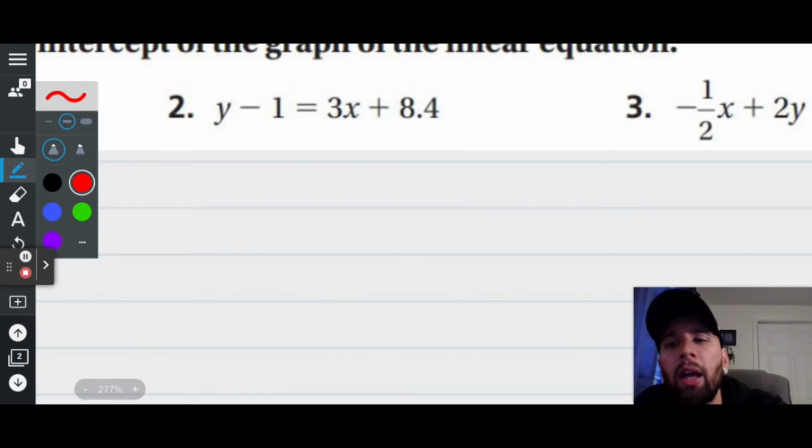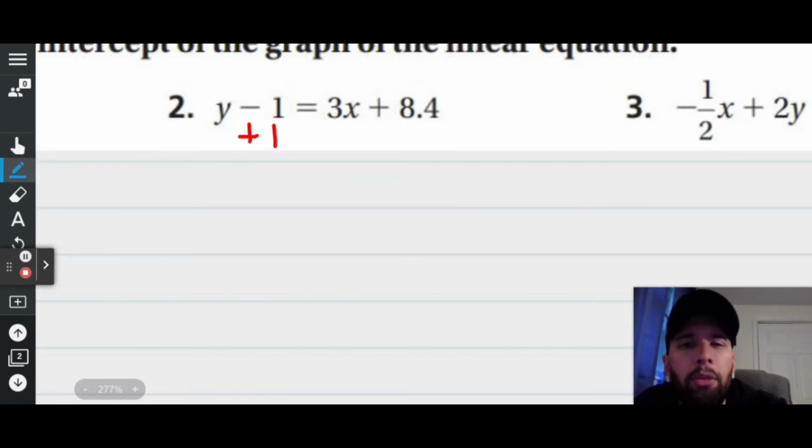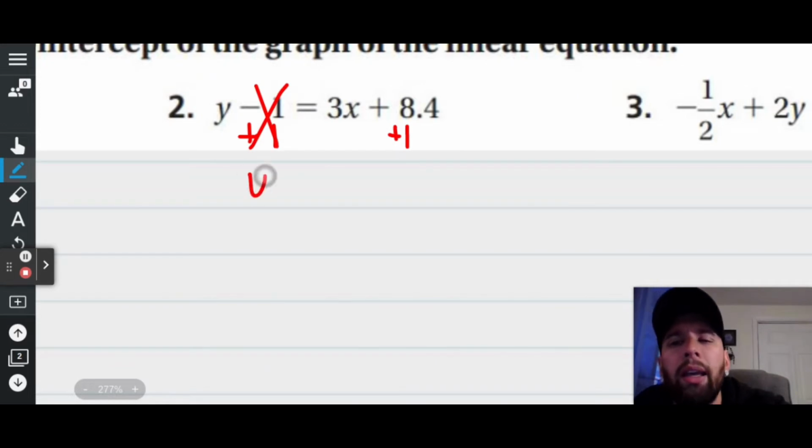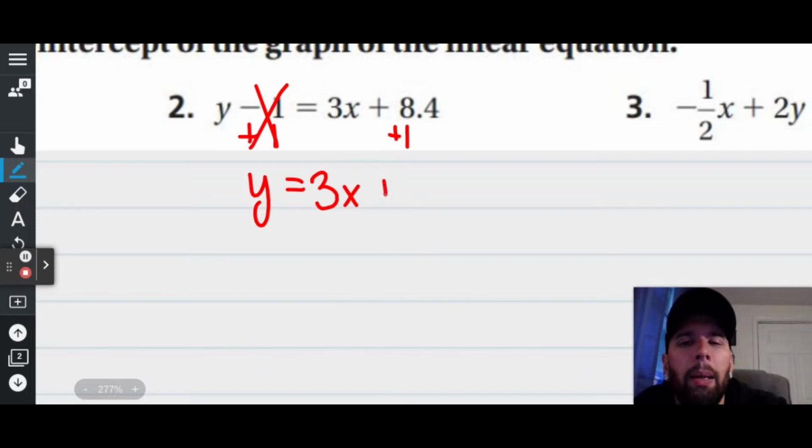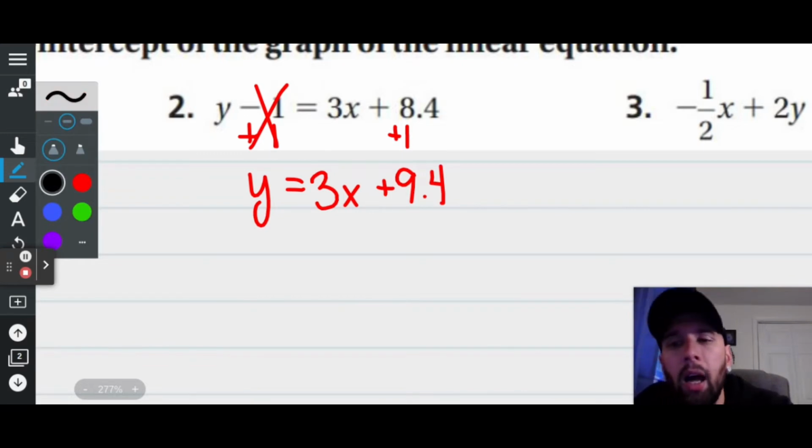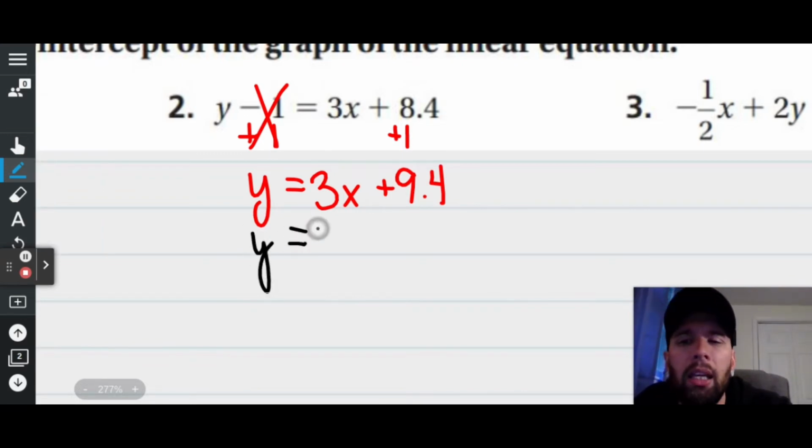So in order for me to do that, I add 1 to everything, 1 to both sides. I'm going to add 1 to that 8.4, cross out. Y is going to equal 3x plus 9.4. Again, I compare that, and I'll write it out because why not? I'll compare that to y equals mx plus b.